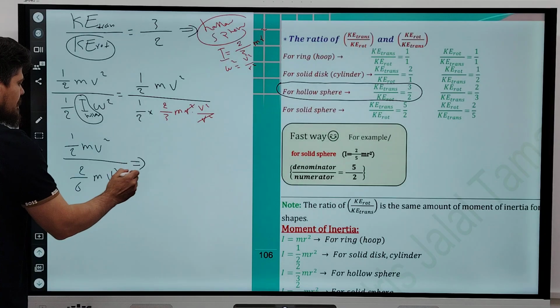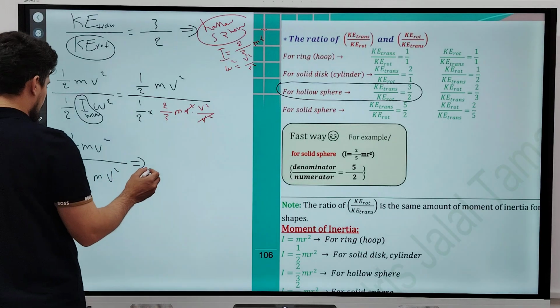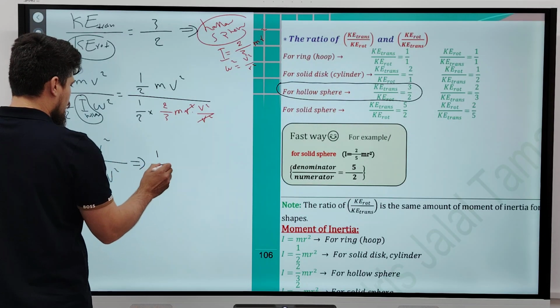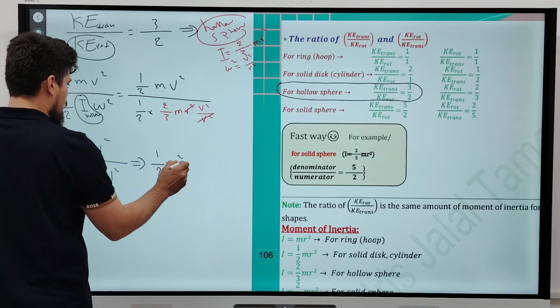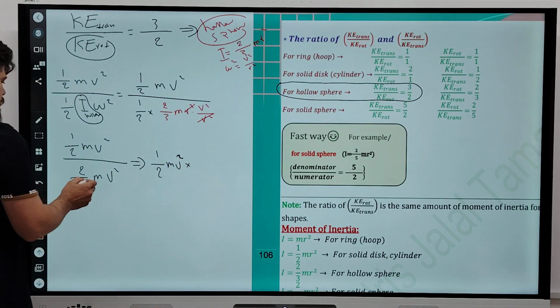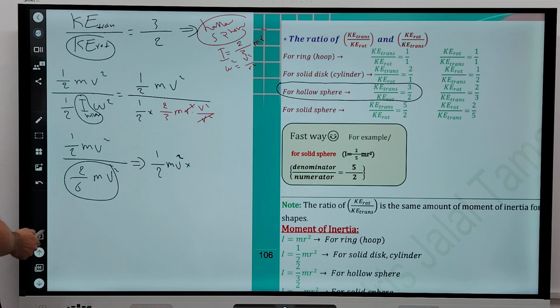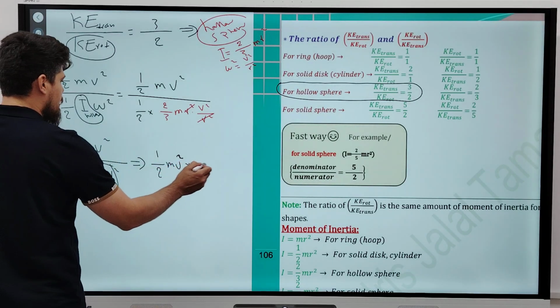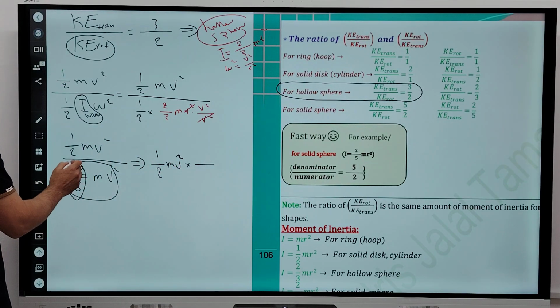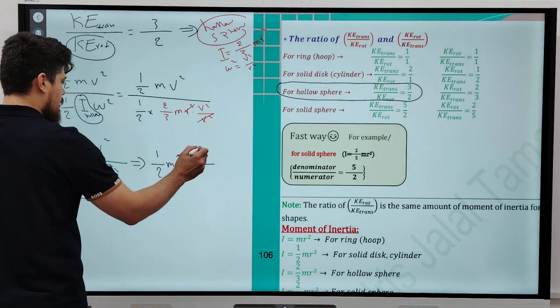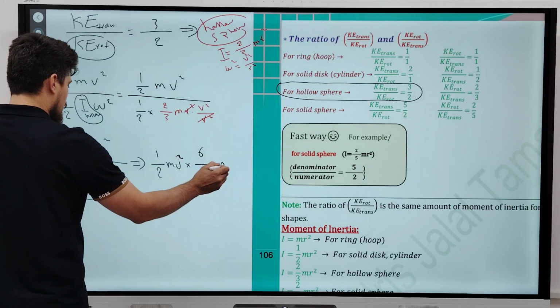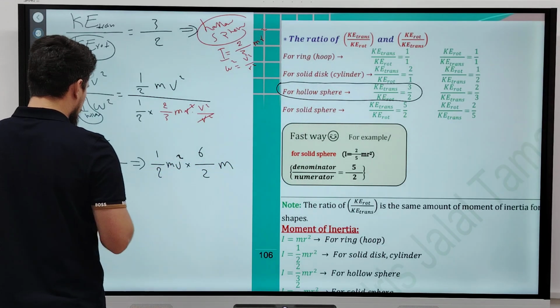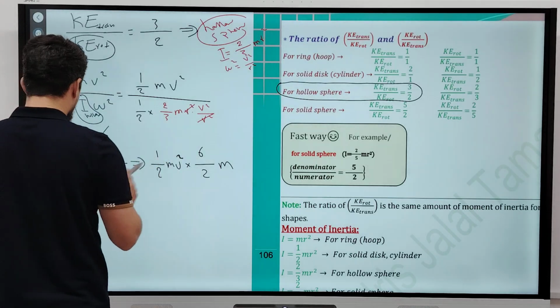According to math basics, we have to rearrange this equation. 1/2 mv squared stays here, times, if we take this term from the denominator into the numerator, this ratio flips. It becomes 6/2, and mv with mv cancel.